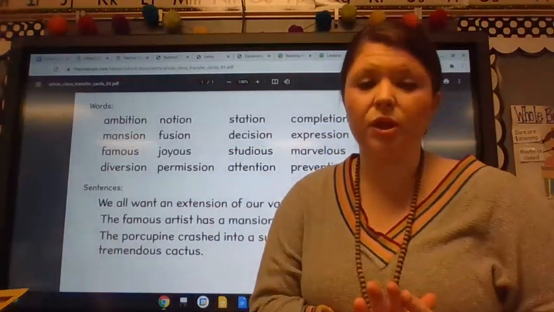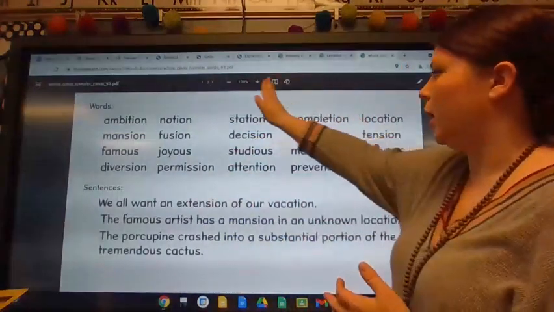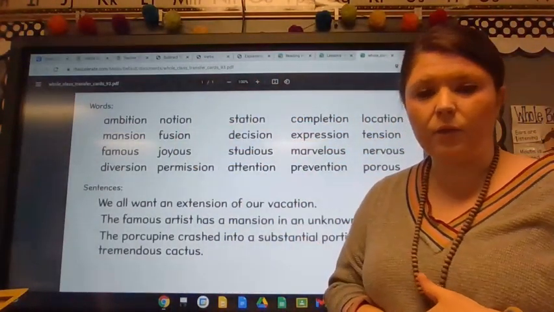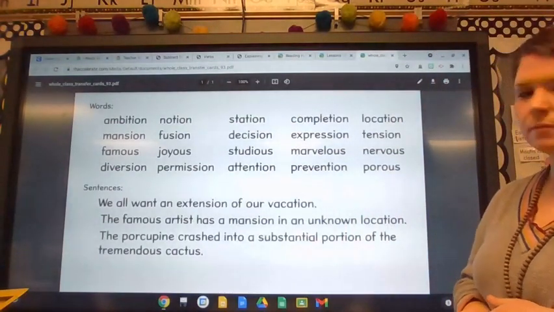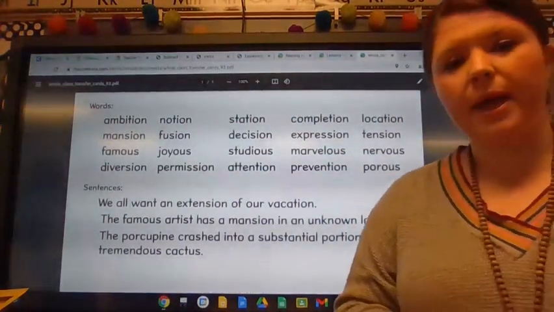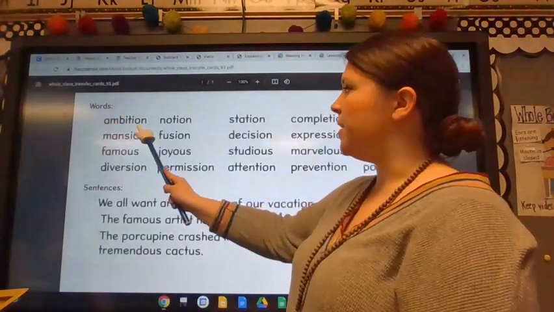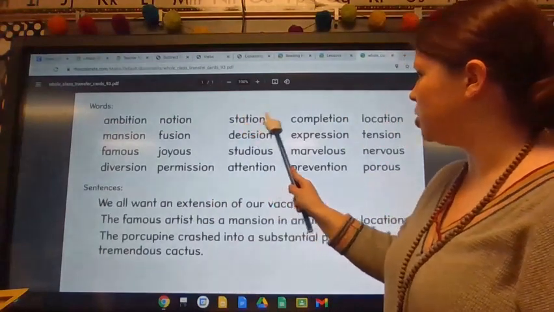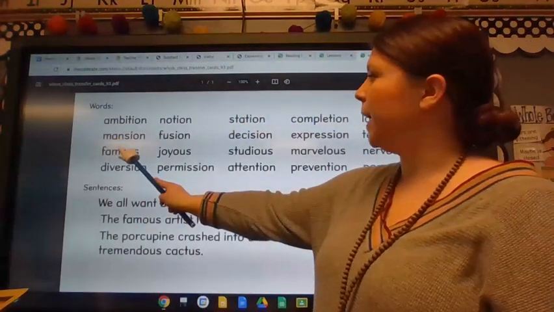All right, guys, what I want you to do is go through and read through the words, okay? Go ahead and read through the words. Make sure that you pause the video to read through. All right, now let's go ahead and read these words together. Ready? Read. Ambition, notion, station, completion, location. Great job. Here we go. Ready?